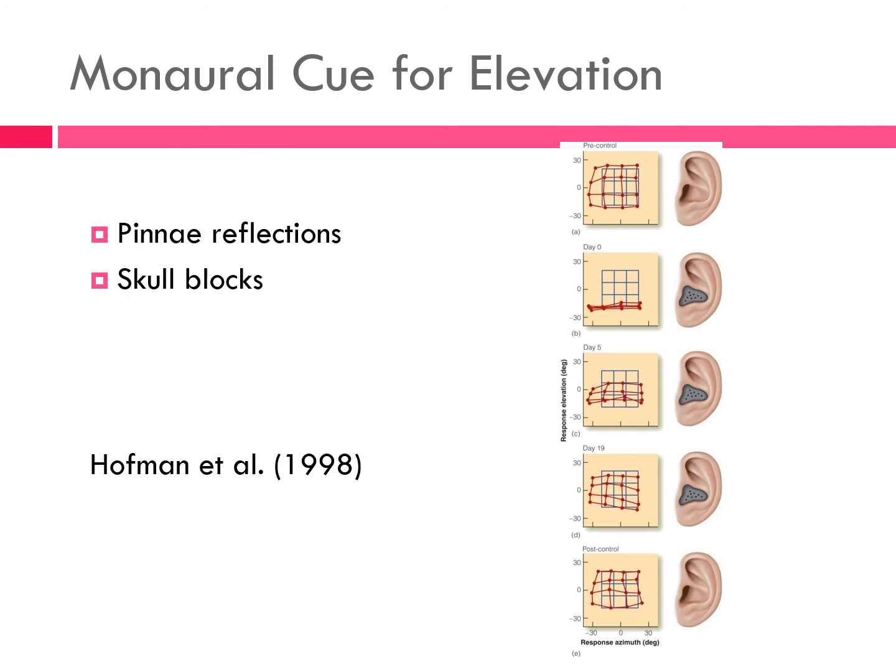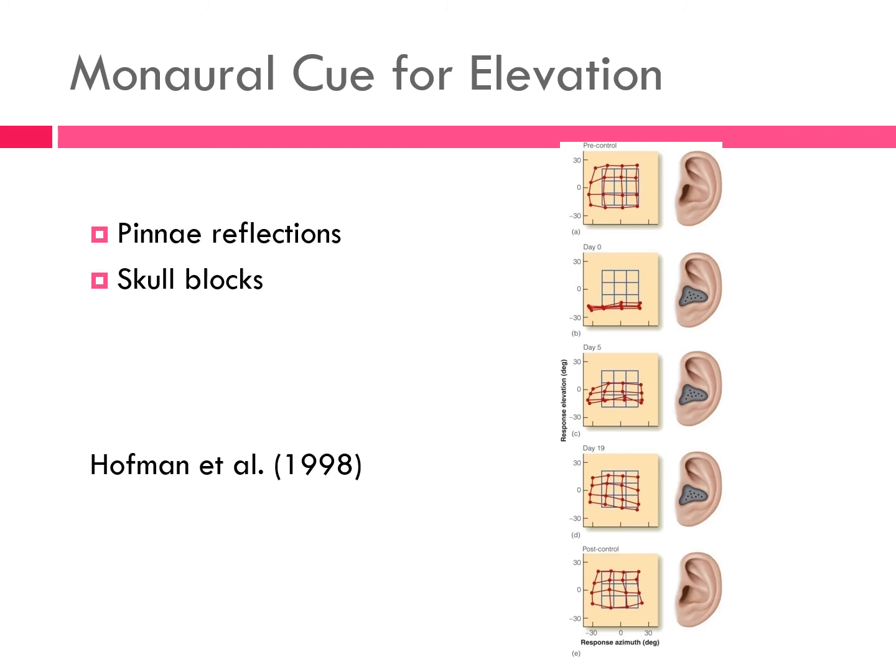I can't really see the days, but I think it's day 5. It's spreading out a little bit. They're getting a little bit better. By day 19, they're pretty close to their original, how they were doing with their own pinna. Now with this clay thing in their ear, they're pretty close. And just so you see, after they take the clay out, with their own pinnae, they're back to normal.